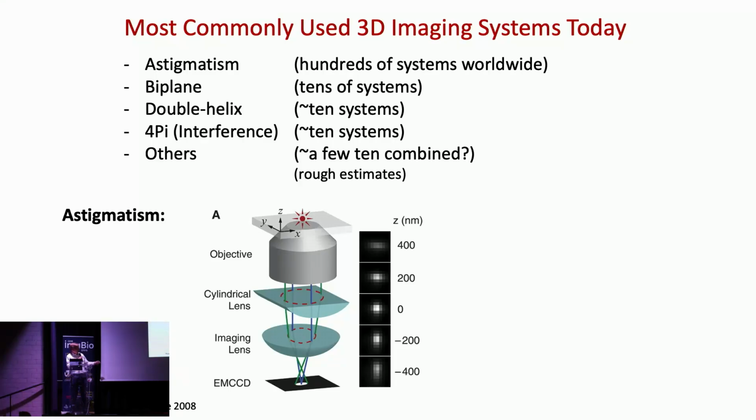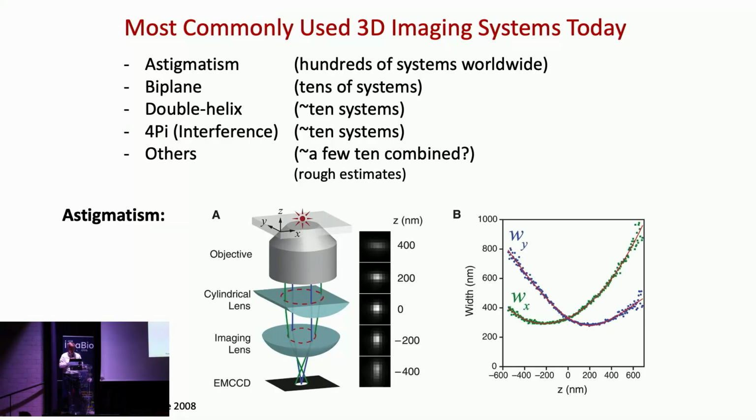So here you see this elliptical pattern in a vertical orientation, and here you see it in the horizontal orientation. So what you can now do is analyze the width of that point spread function in the x and y direction separately, and you see that you have unique ratios of these two widths, which then correspond to a particular z position. So that's how you extract the z position of that molecule.